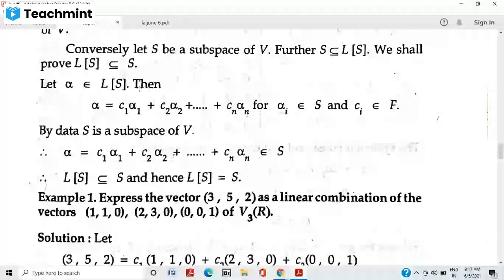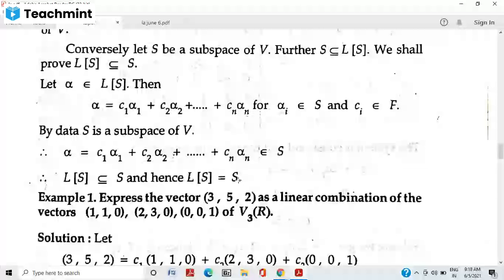Alpha belongs to S. Then we can say L of S is contained in S. From the previous theorem we got S contained in L of S, and now L of S contained in S. Then we can say L of S equal to S.